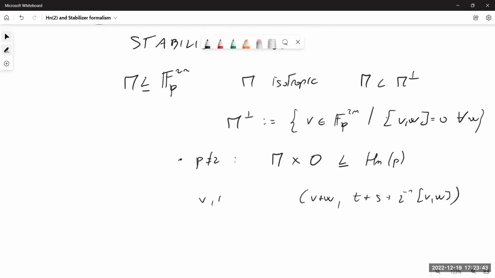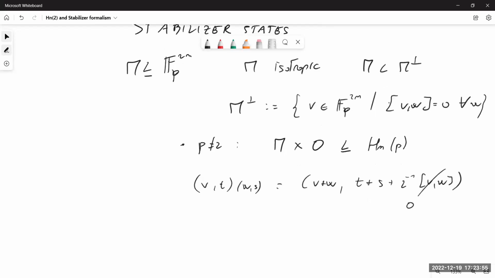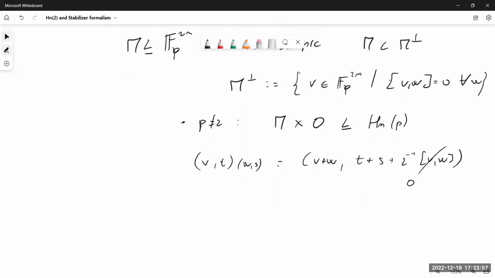This is v^T w s. But if you are on an isotropic subspace, this is 0, and you have an abelian subgroup of the Heisenberg group. Now for p equal to 2, this is not true anymore, because we have beta instead of this nice symplectic form in the phase factor, let's say.